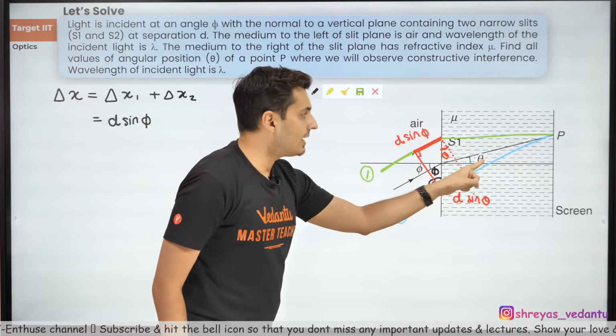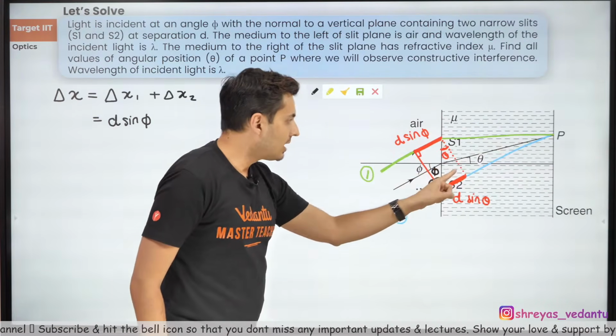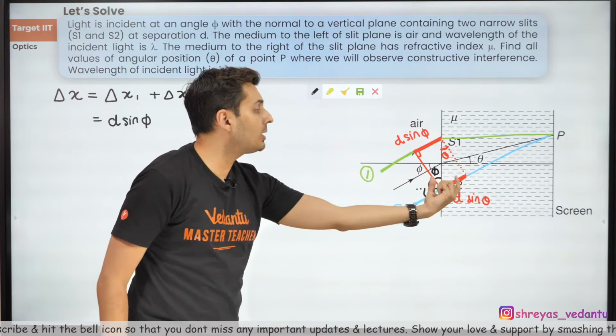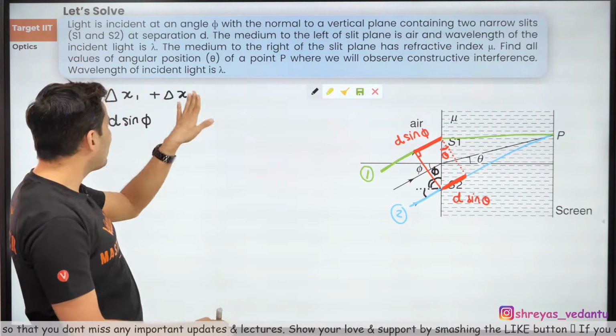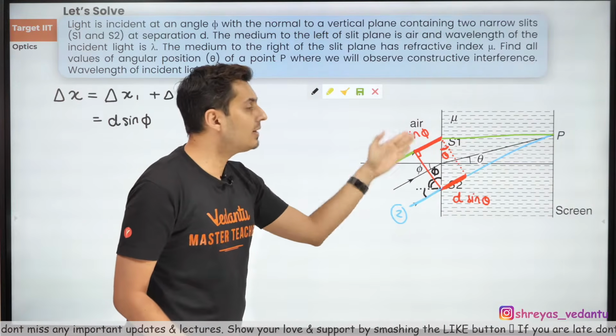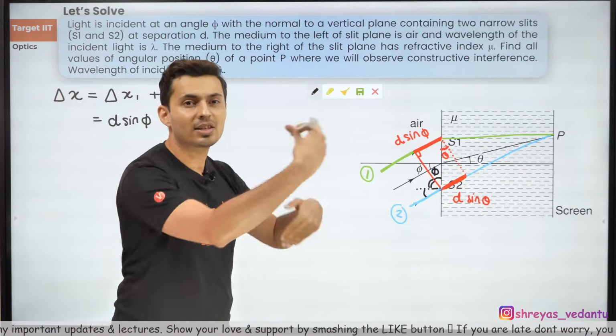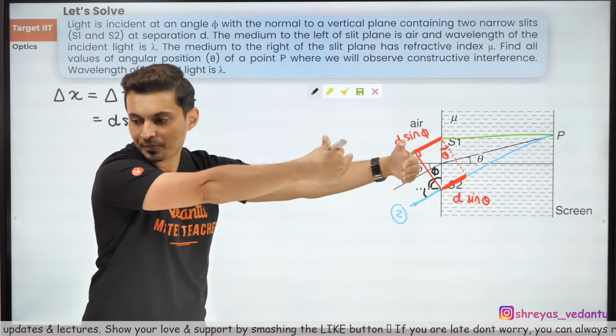In the second event, before reaching P, ray number 2 had to travel that extra path length. So each event had different rays which had to travel extra distances.